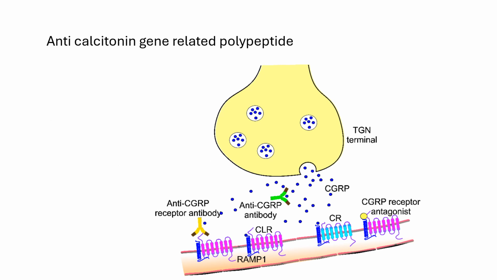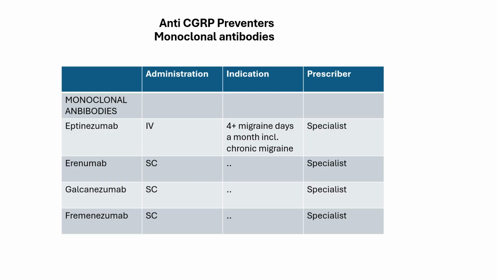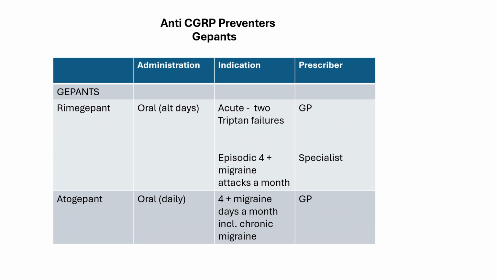This is the big new group of drugs that we've had introduced into practice and made a very significant difference. This was the first generation of monoclonal antibodies, injectable. Patients give themselves an injection once every month, with specialist initiation. But the important development has been the oral gepants.